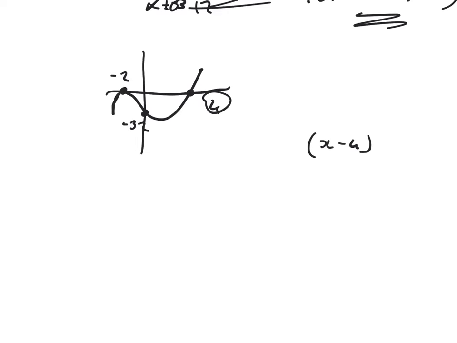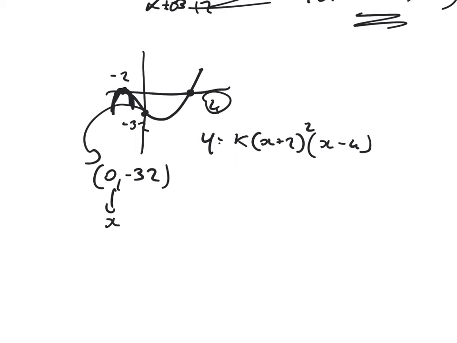Equal roots at minus 2 comes from the bracket x plus 2 all squared, with the proviso k at the front and y equals. We've then got our clue, which is cutting the y-axis at 0, minus 32. When x equals 0, y equals minus 32. So let's throw that in.